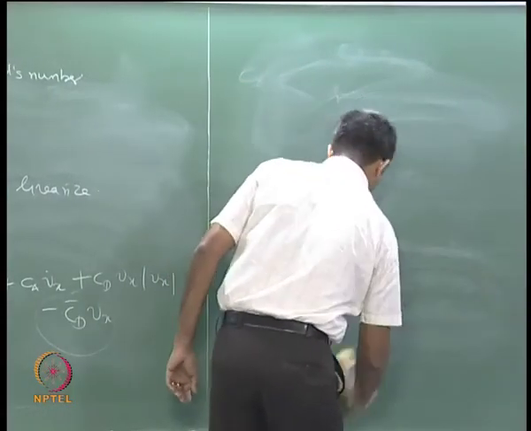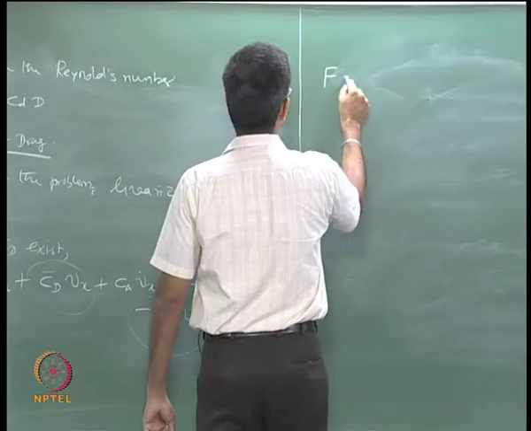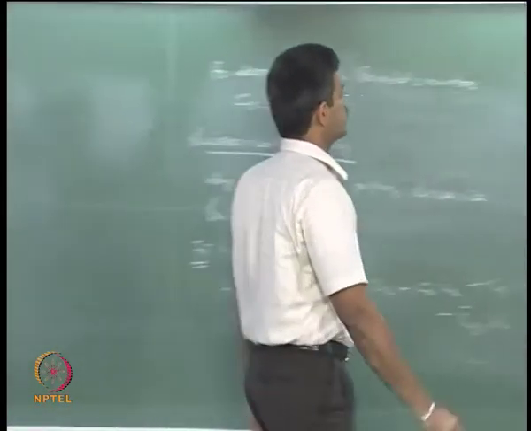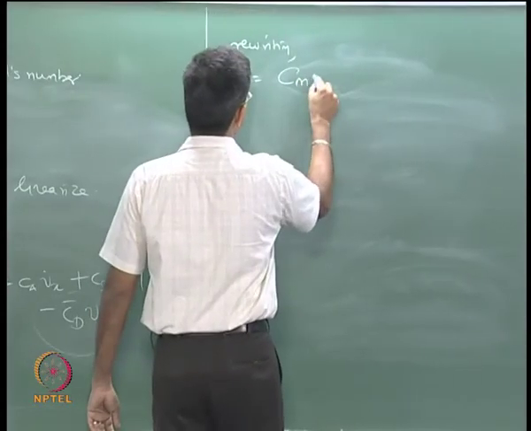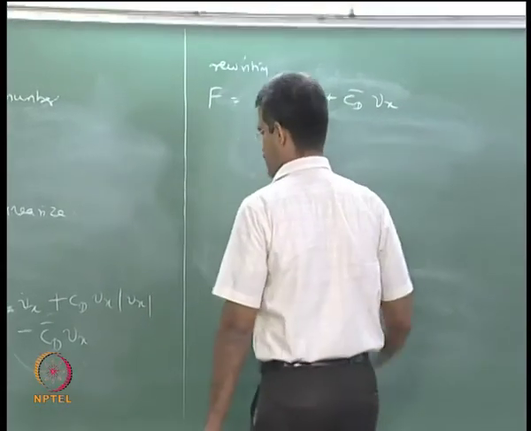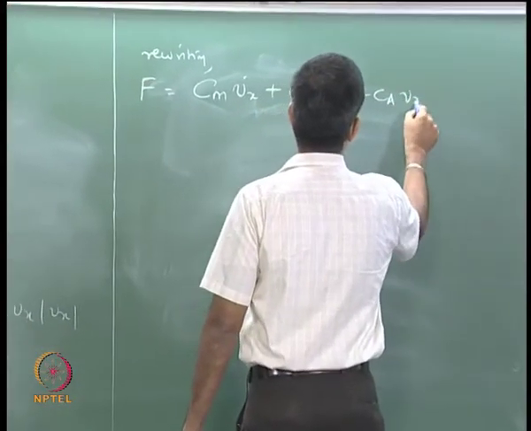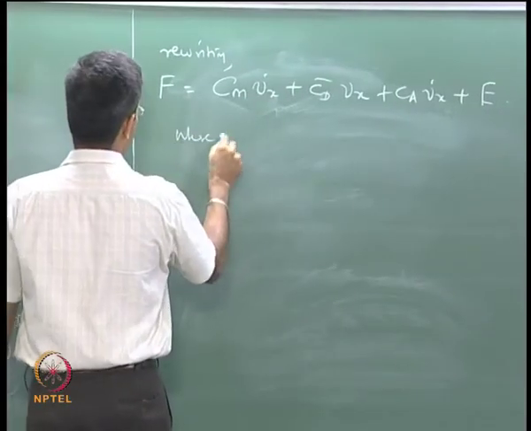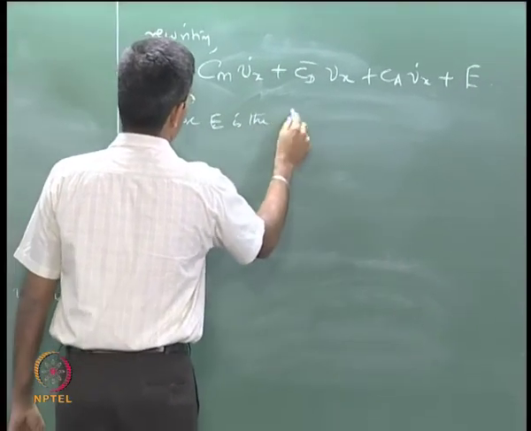So, I can rewrite this equation as f can be now rewritten as Cm Vx dot plus Cd bar Vx plus Ca Vx dot plus E, where E is the error function.